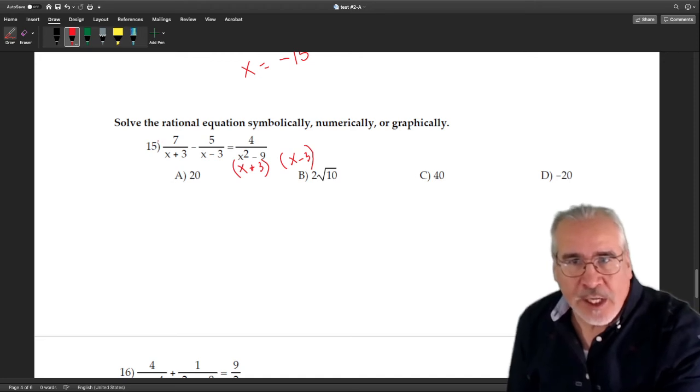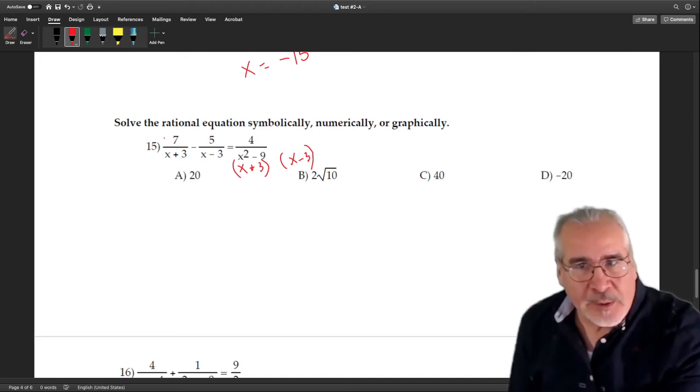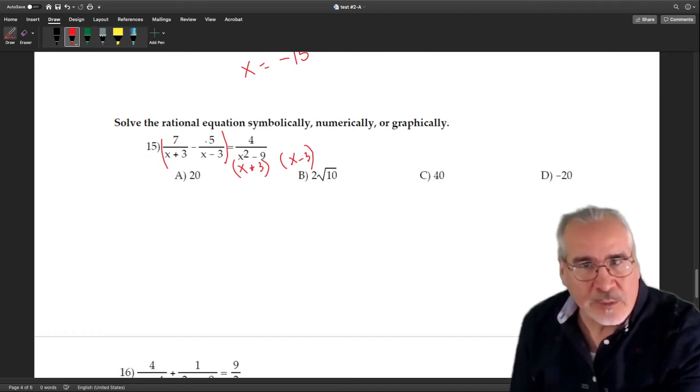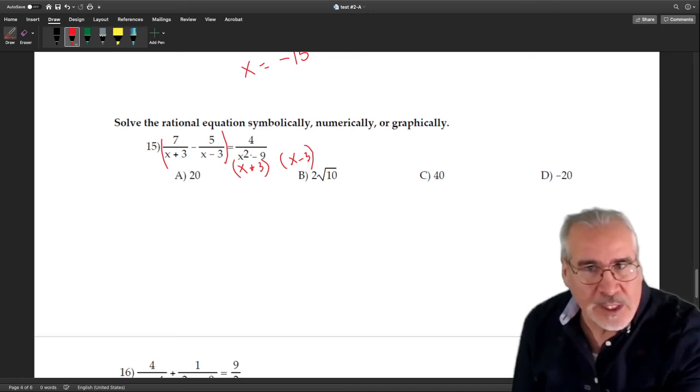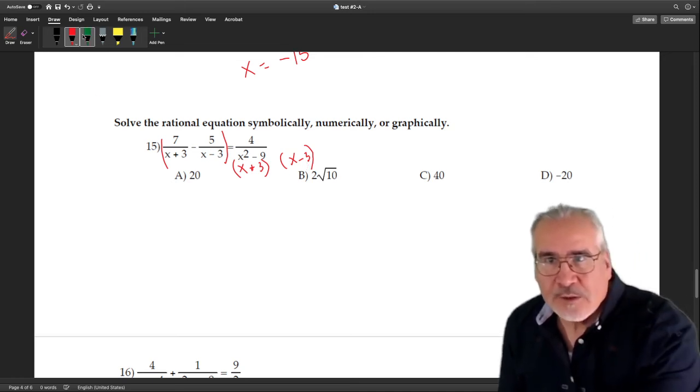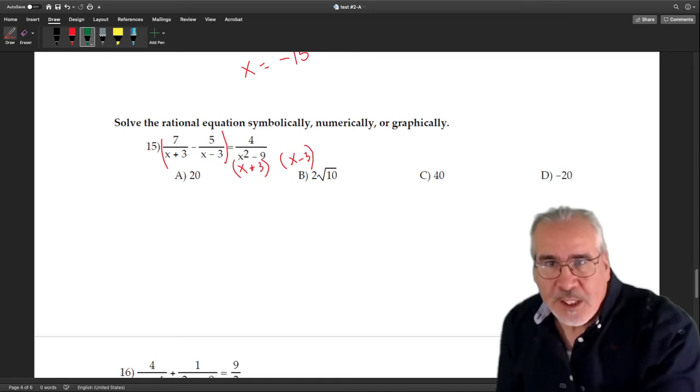Now on the left-hand side, you would think that there's a parentheses here. So whatever you multiply this side, it will distribute to both of these terms. So I'm going to write this out and leave some space, and then you're going to see I'm going to multiply everything by x plus 3 times x minus 3. Okay, so let's go with the green here.